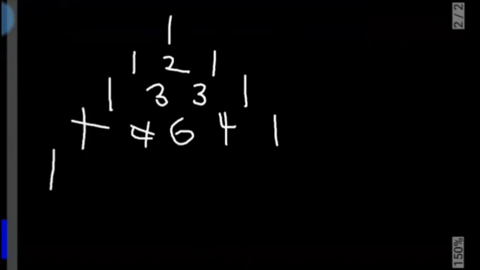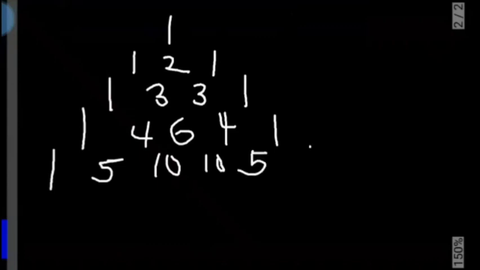This 1 plus this 4, we have 5. This 4 plus this 6, we have 10. We write the result between them, 10. This 6 plus this 4, we have 10. This 4 plus this 1, we have 5. Then 1.